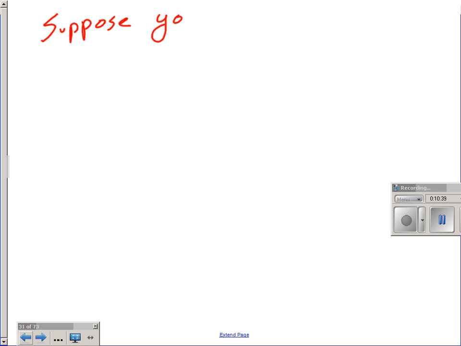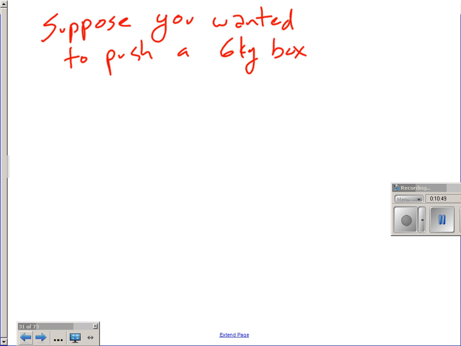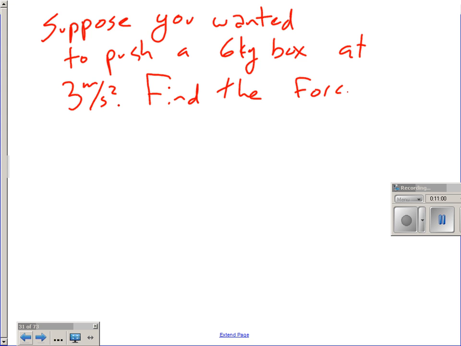Suppose you wanted to push a 6 kilogram box at, I don't know, say 3 meters per second squared. Let's find the force required. Okay, we're going to assume there's no friction or anything. We're going to keep things simple.